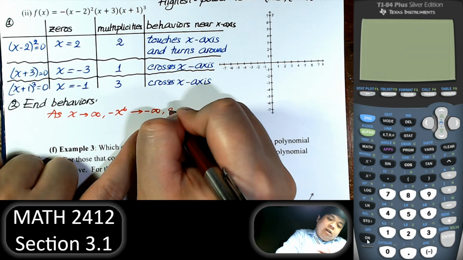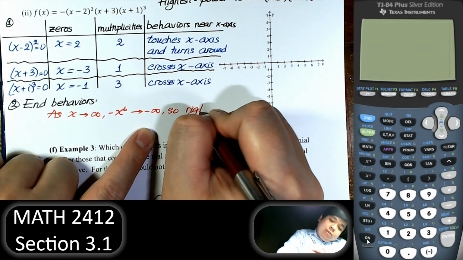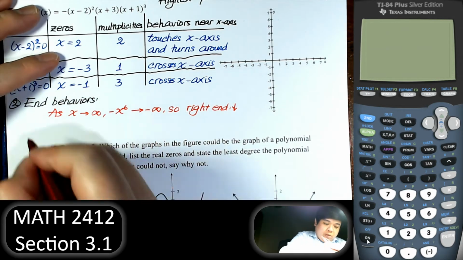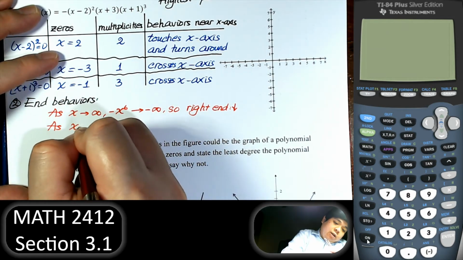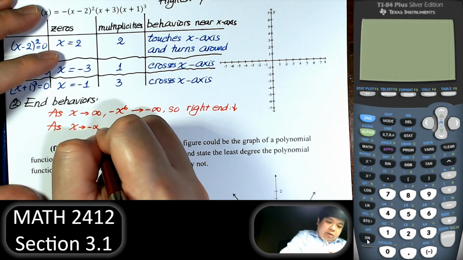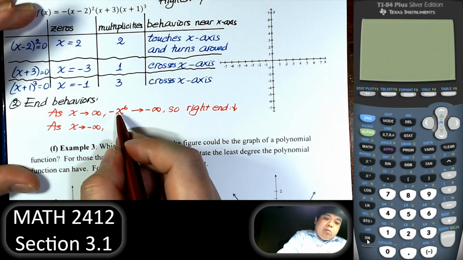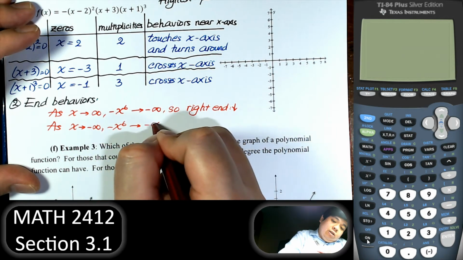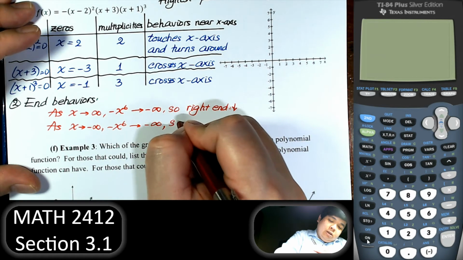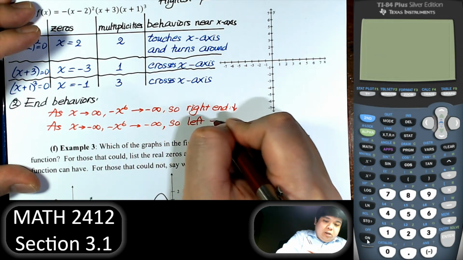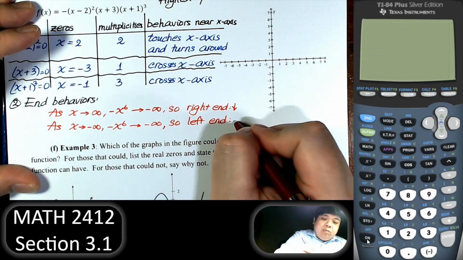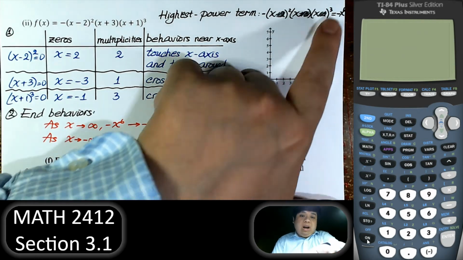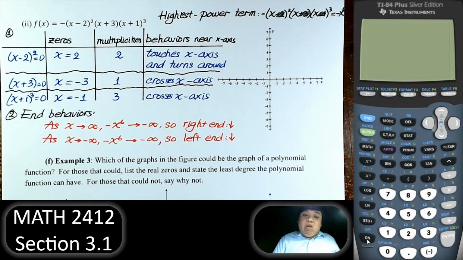So the right end goes down. Now x goes to negative infinity. Put it in there, that's still negative. So the left end also goes down. Because the number of turning points will be 1 less than 6, it will be at most 5.